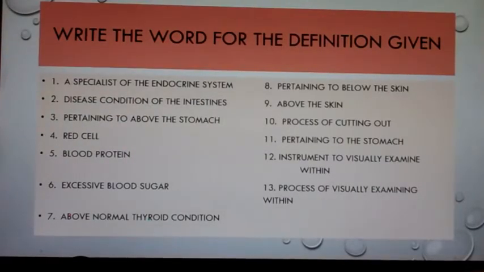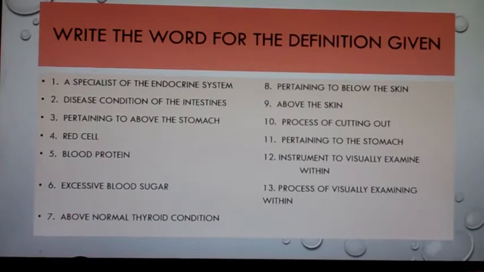Write the word for the definition given. Number 1, a specialist of the endocrine system. Number 2, disease condition of the intestines. Number 3, pertaining to above the stomach.